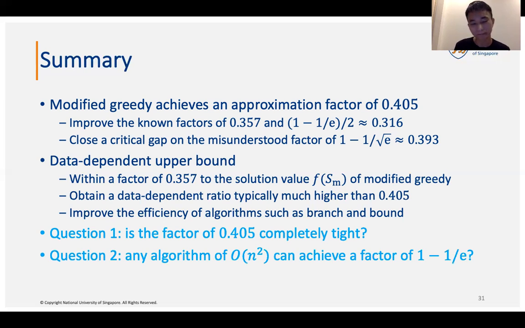Second, this question is even more challenging. That is, can we design algorithms that can achieve the optimal approximation factor, say 1 minus 1 divided by e, using the same time complexity of O(m squared)?